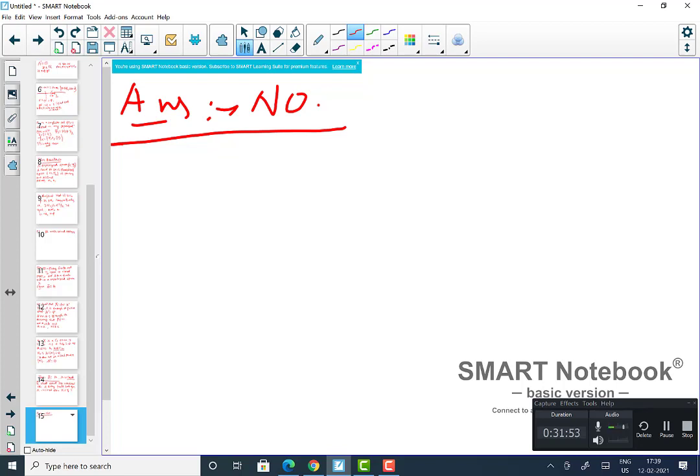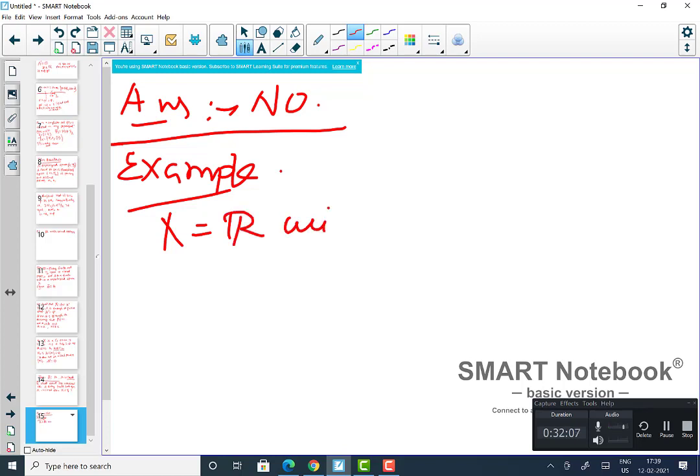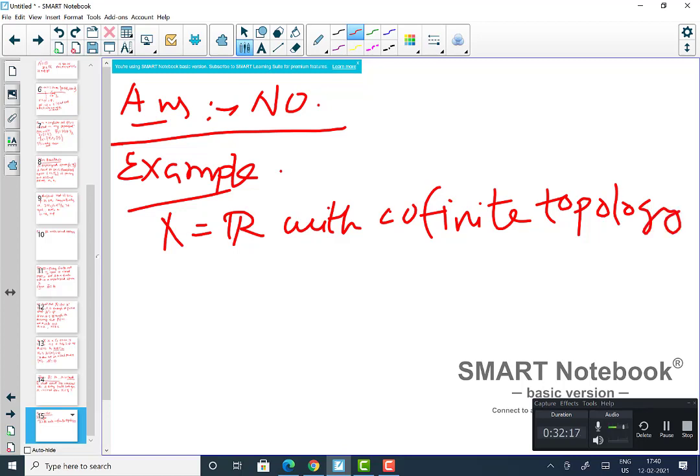So let me give an example. Okay, so you choose your X equal to, say, R with cofinite topology. I hope you remember what is cofinite topology. So in the cofinite topology, the open sets are what? Open sets are those that are either the empty set or the complement is finite.